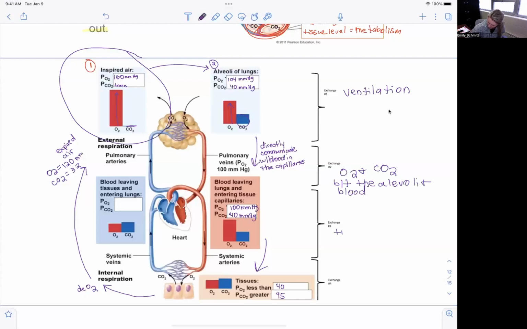Number three, we are transporting oxygen and carbon dioxide between the lung and the tissues. Then after that, we are transporting oxygen and carbon dioxide between the blood and the tissues.